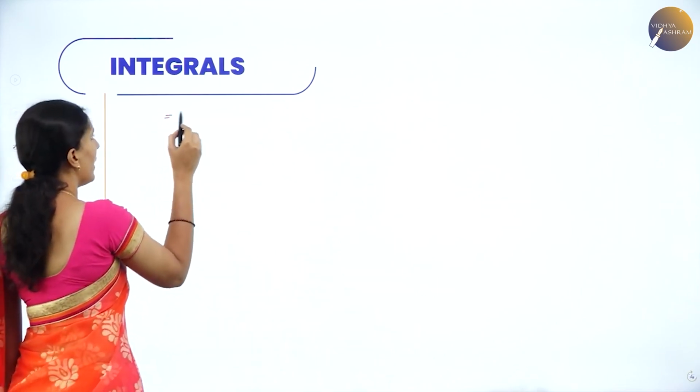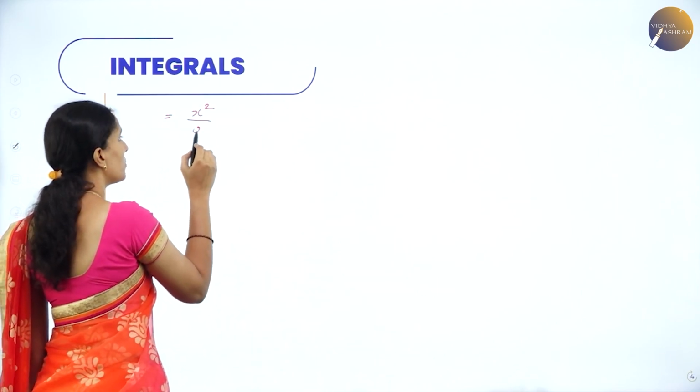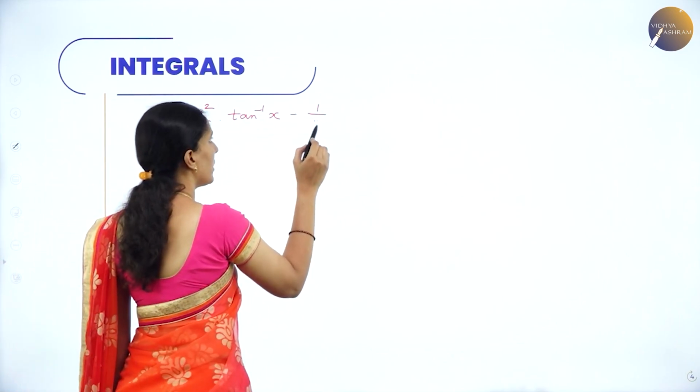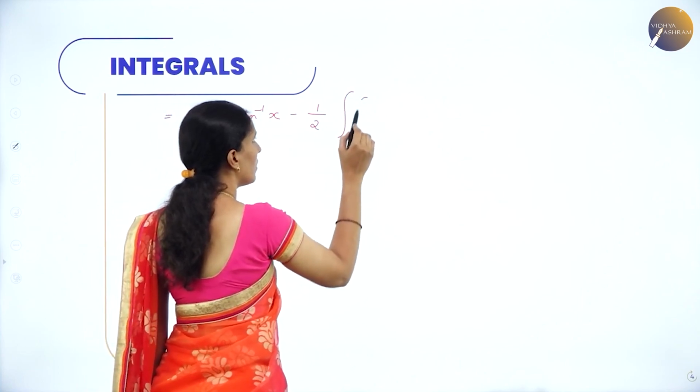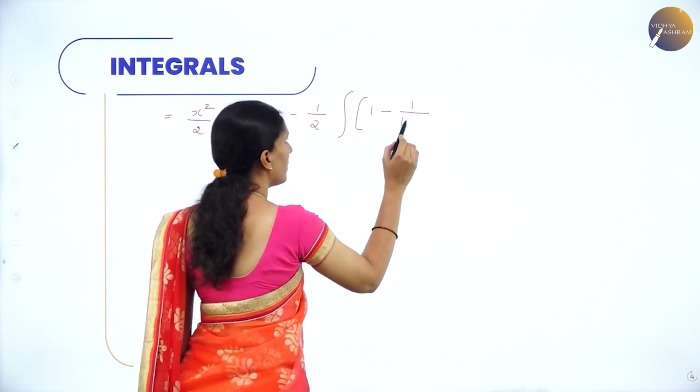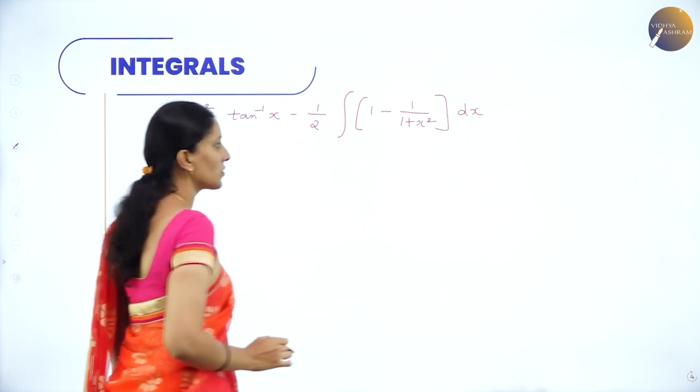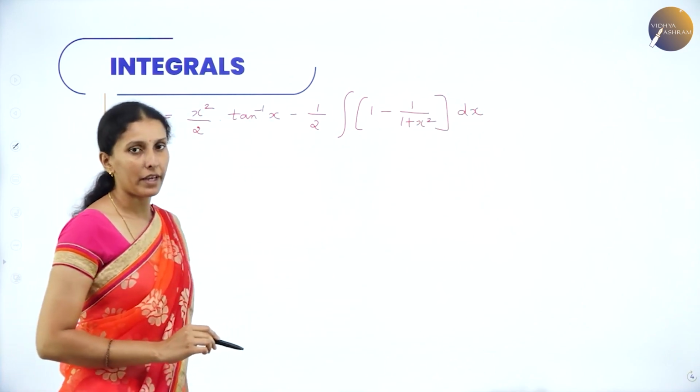So what we got there, that is x square by 2 into tan inverse x minus 1 by 2 integral of 1 minus 1 divided by 1 plus x square with respect to dx. So this is what we got after simplification.